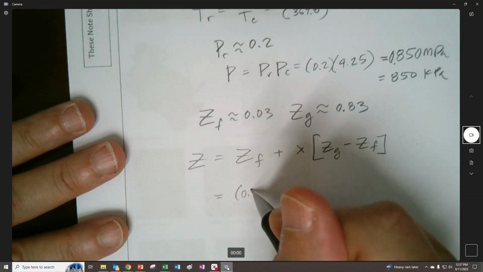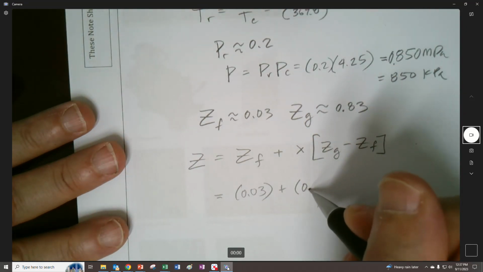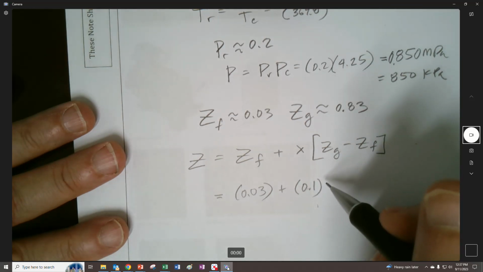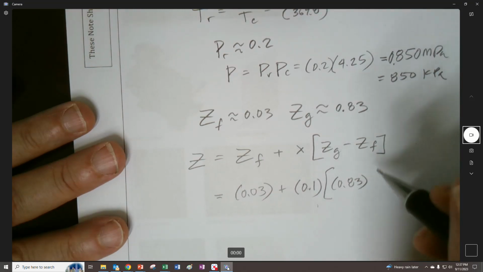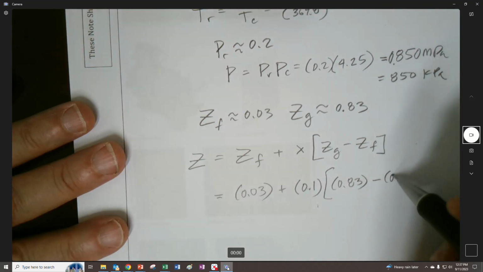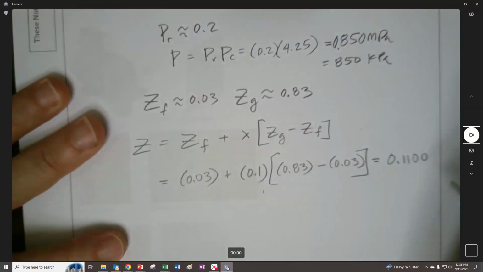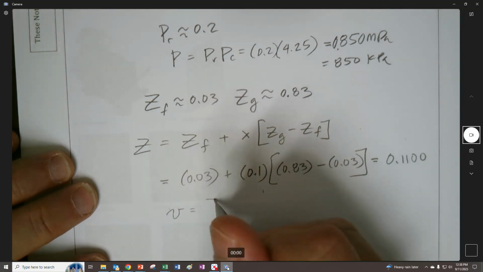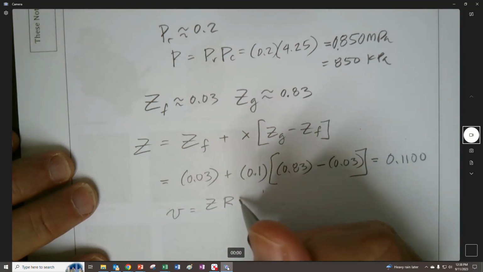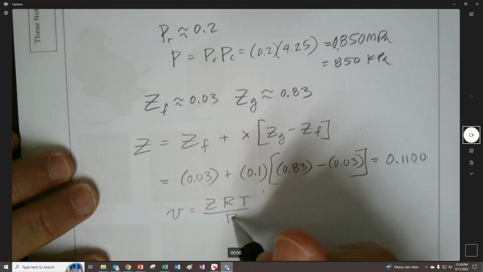So we got 0.03 plus 0.1, because it was 10%, right? 10%. And then we go 0.83 minus 0.03. And what we end up with is 0.1100. So that's our Z.